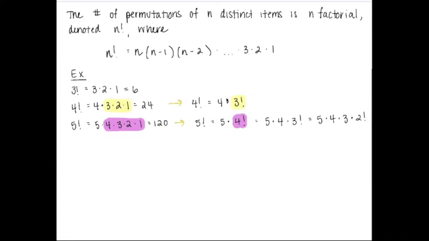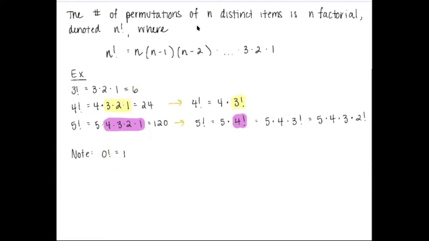The other thing we have to define is 0 factorial. So this one's going to be a little bit strange. This is equal to 1. Okay. So thinking about this in terms of arrangements, there are 6 ways or 3 factorial ways to arrange 3 objects. 0 factorial will be the number of ways to arrange no objects.